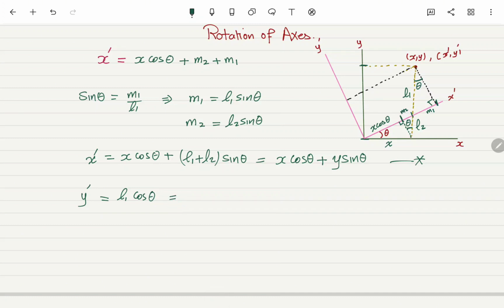Now L1, this one here, is actually equal to y, this is y, minus L2, times cosine theta. By simplifying, y cosine theta minus L2 cosine theta.